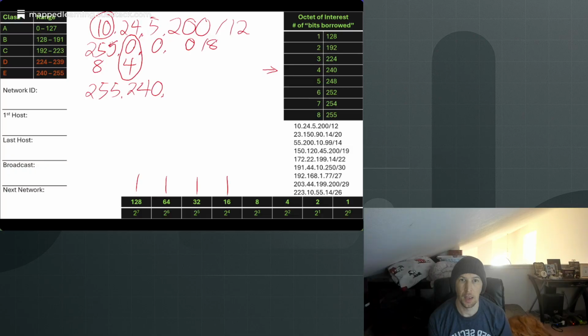And in a subnet mask, once the last bit is turned on, everything to the right is a 0. So that is our new subnet mask: 255.240.0.0.